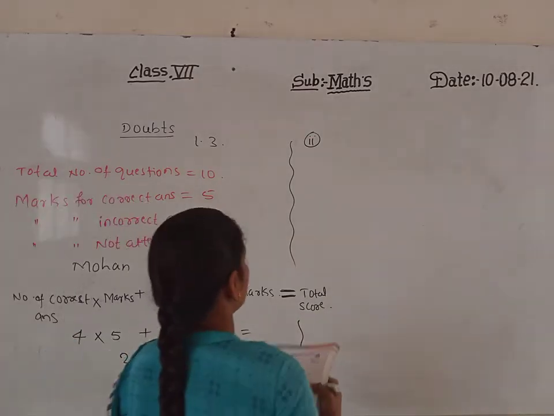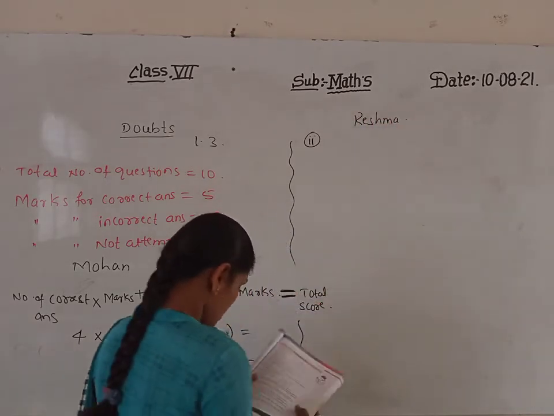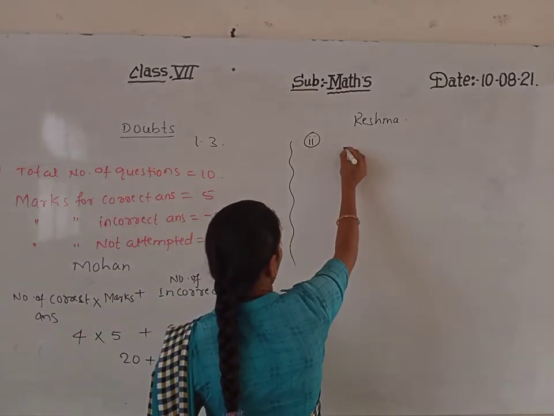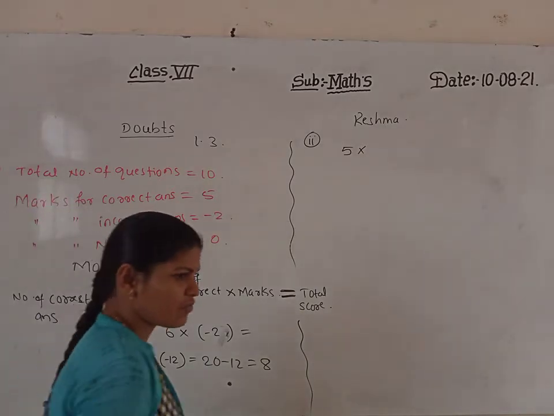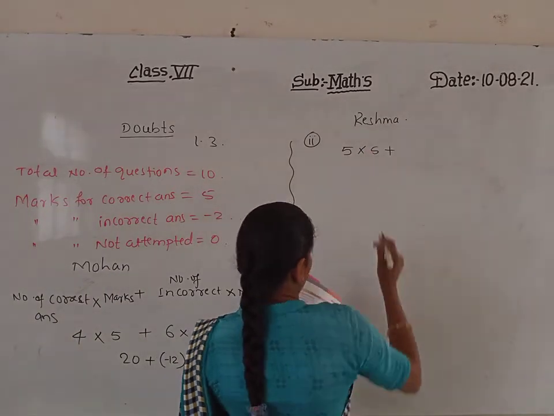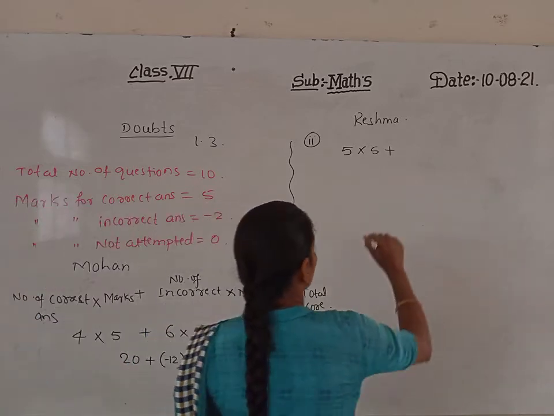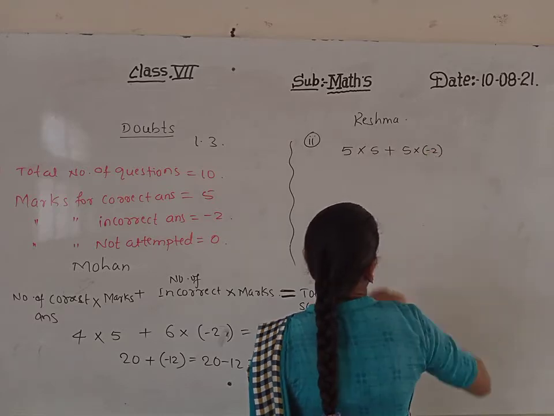Reshma gets 5 correct. What are the marks awarded for each correct answer? 5 marks, plus 5 incorrect answers. Marks for each incorrect answer, minus 2.